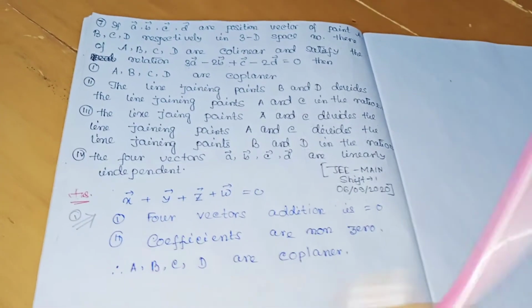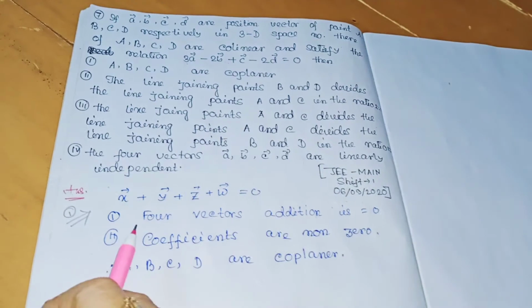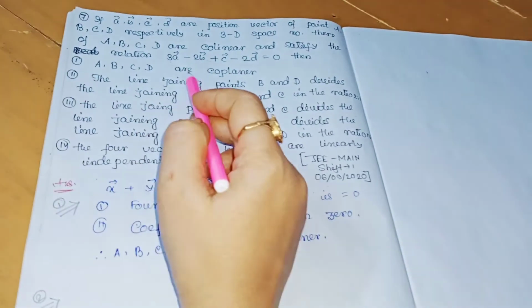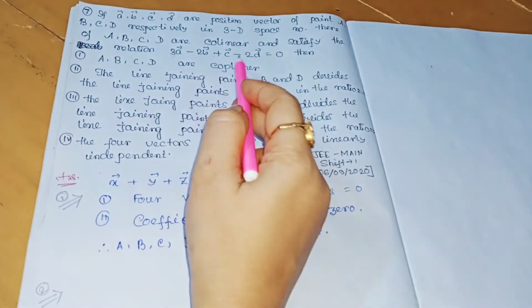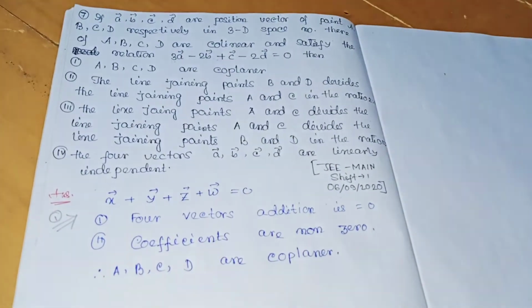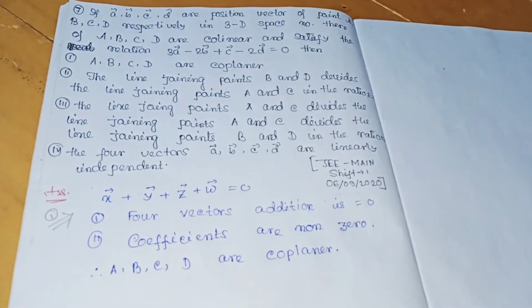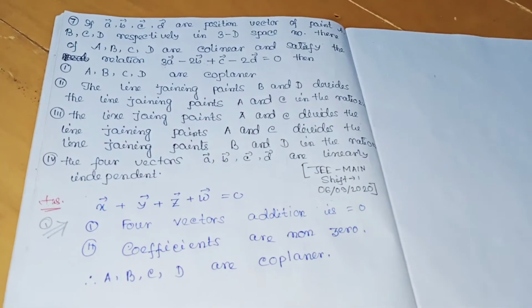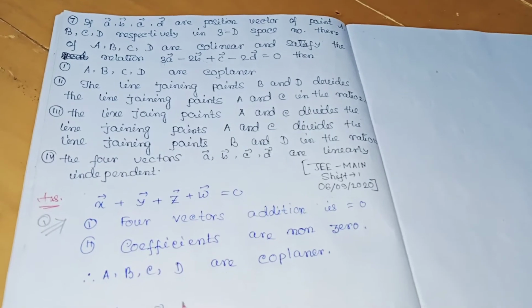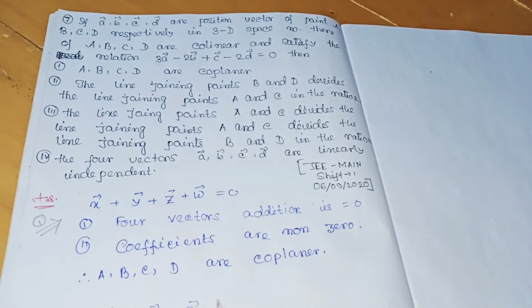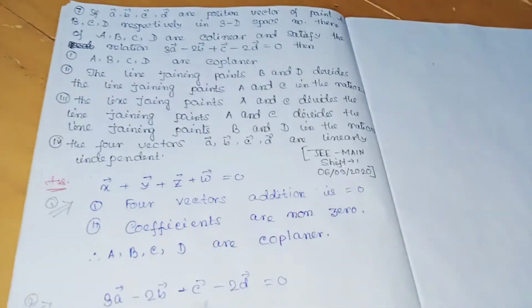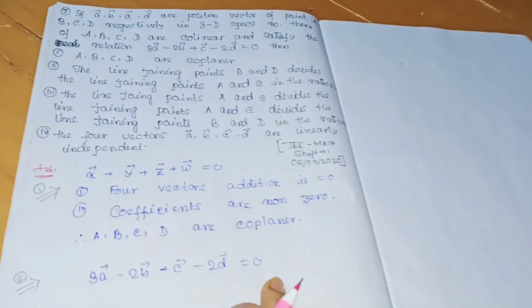Here are the two choices of solution for this question. The condition of this question is 3A minus 2B plus C minus 2D is equal to 0, satisfy this condition.